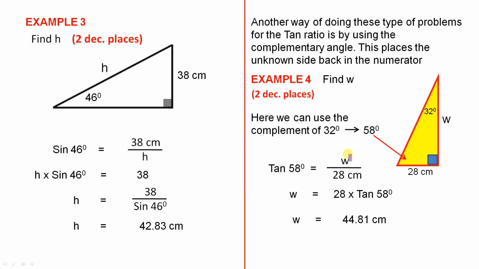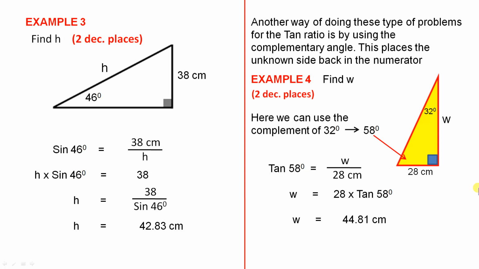And that puts the unknown letter in the numerator. So if we multiply both sides by 28 centimetres, we get w equals 28 times tan 58. We put that information in the calculator, and w is 44.81 centimetres to two decimal places.